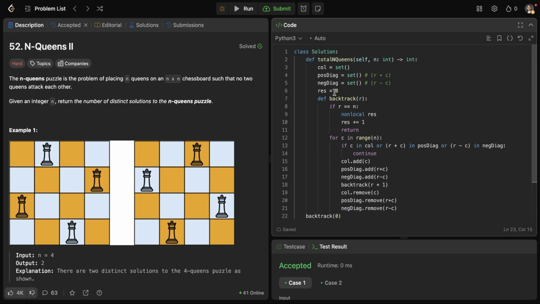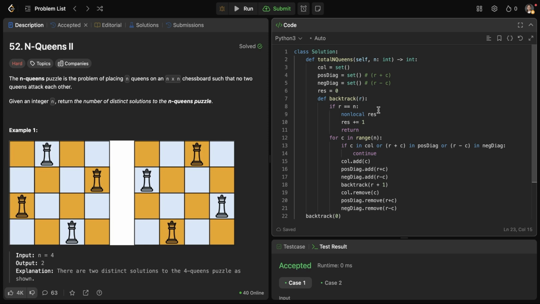Let me explain it once again. You first initialized all your 3 sets, positive diagonal, negative diagonal, and column, to track which particular cell already has a queen, and handle the situation that one queen cannot attack another, and initialize your result value. Then you write a nested backtrack function where your base case is you have reached the nth row successfully and found a combination. In that case, you increment your result by 1.